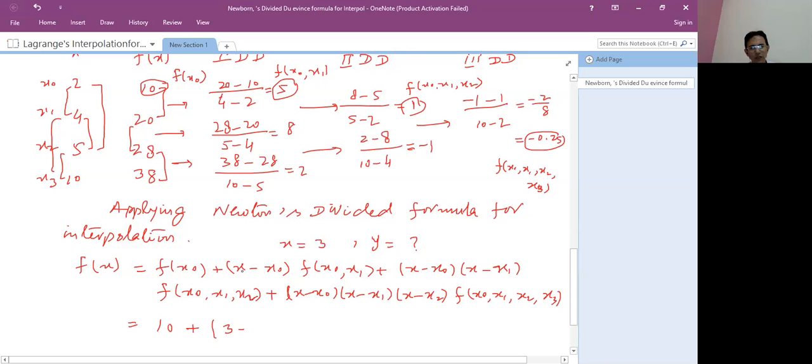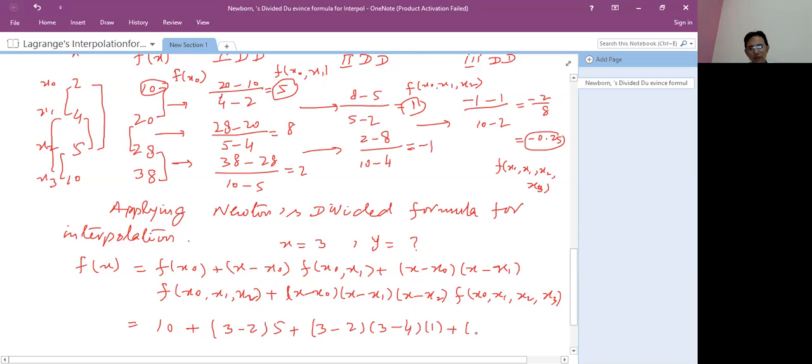So we put here x is 3, x naught is 2, f of x naught, x1 is 5. These are numerical values. X minus x naught means 3 minus 2, and 3 minus x1 is 4. And f of x naught, x1, x2 is 1, plus sign.